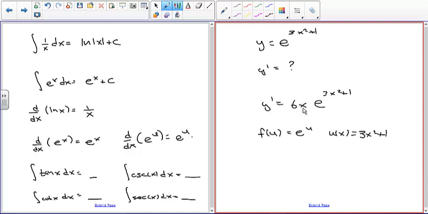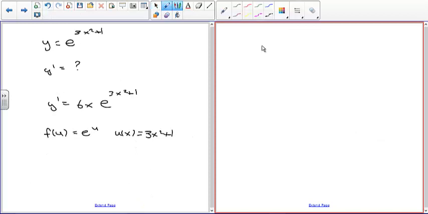Okay, the next one is just using the product rule. That's the reason I called it h of x. So remember, the product rule says you take the first term, multiply by the derivative of the second term, plus the second term times the derivative of the first.